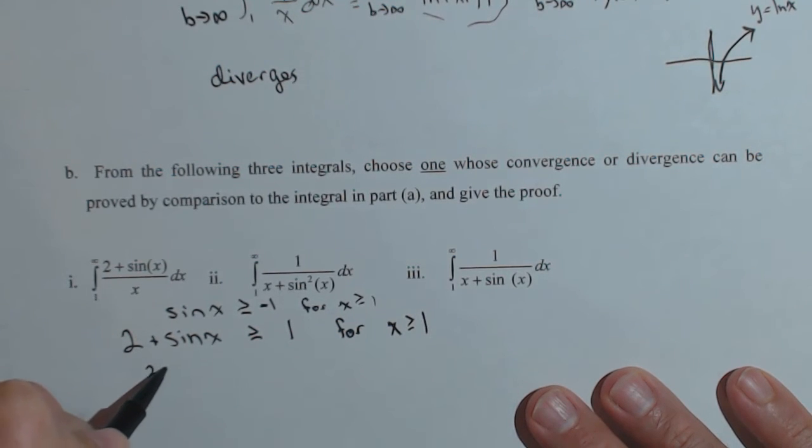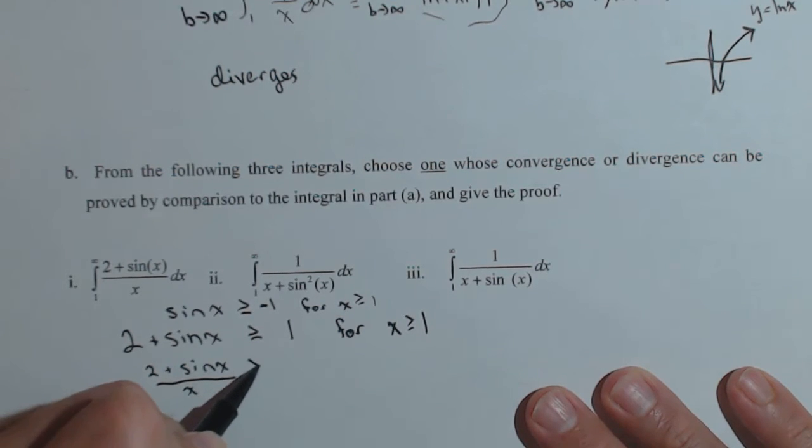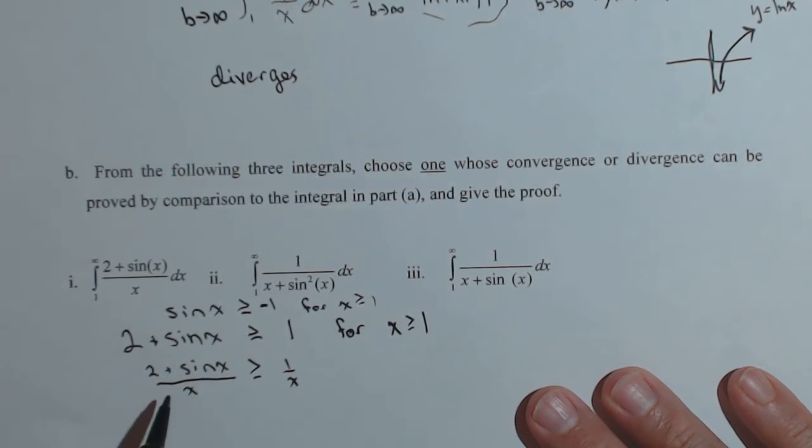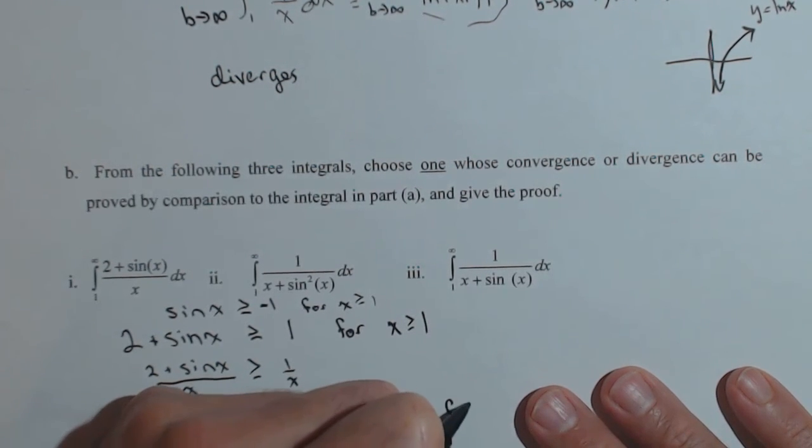Divide both sides by x, and we get 2 plus sine x over x is greater than or equal to 1 over x. This is divergent, so we can conclude that this new guy, the integral of 2 plus sine x over x dx, diverges by the comparison test.